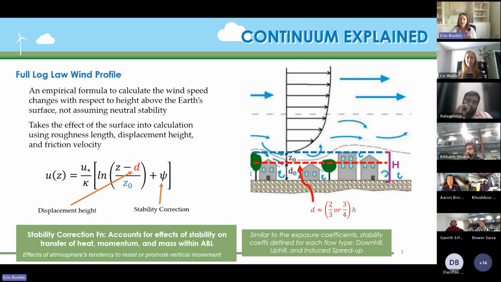This accounts for the effects of stability in our profile law. If it's a very unstable vicinity, then you're most likely going to have your parcel of air rising up a lot faster, and that's going to affect how your wind profile looks.